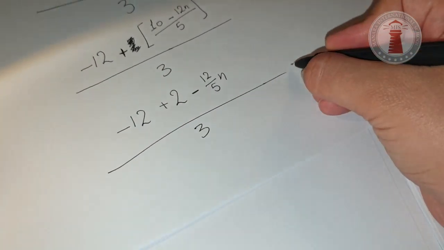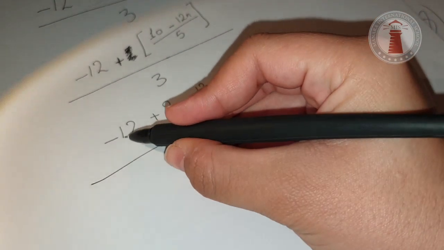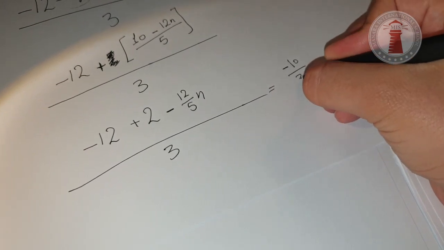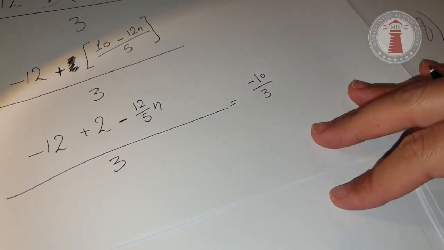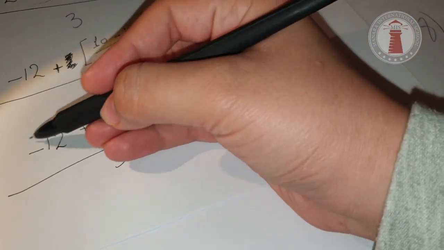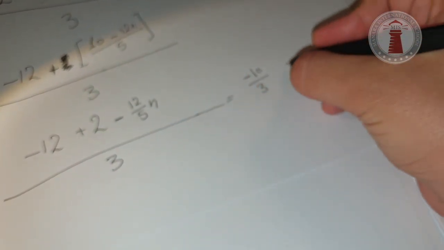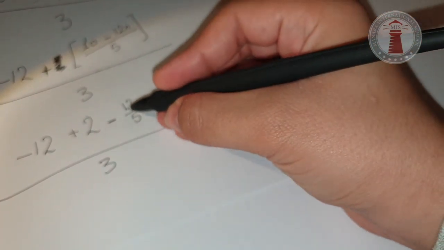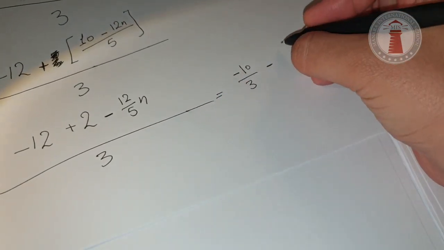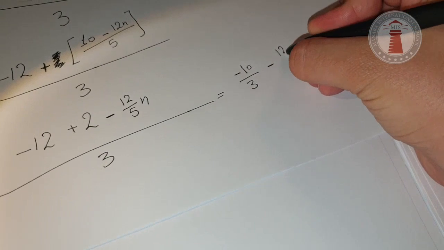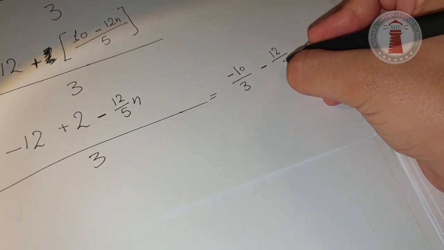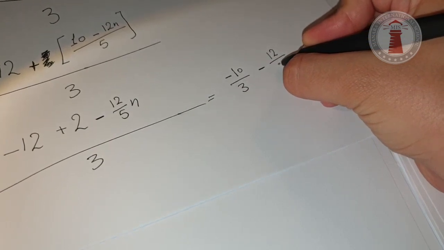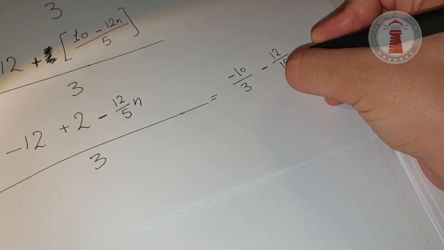And then over 3, which is equal to negative 12 plus 2, which is negative 10 over 3. That's the first term that we have, which is just a constant that doesn't have any variable with it. And then we have the other coefficient here, which is negative 12 over 5 over 3, which is going to be 12 over 15n.